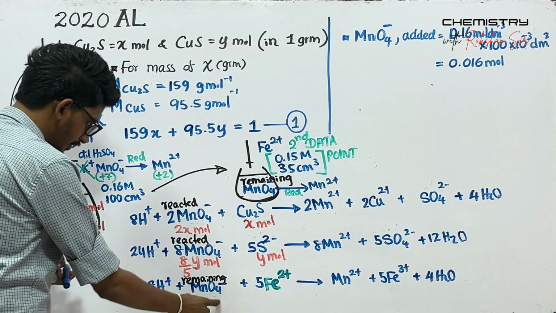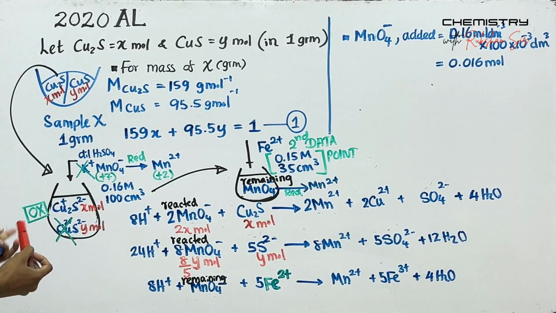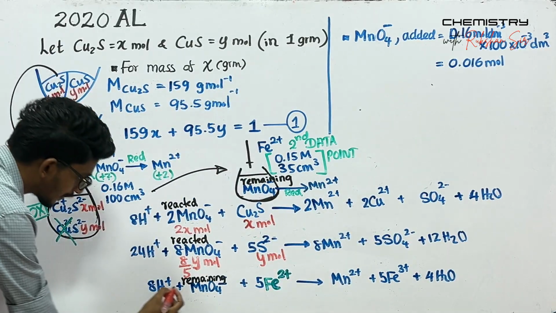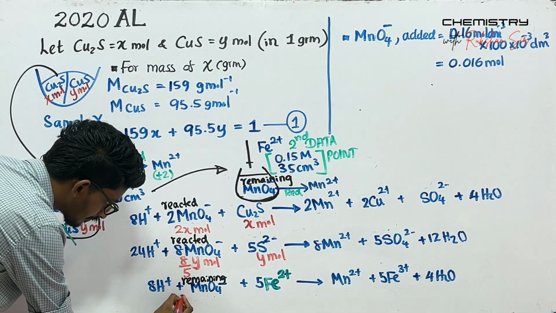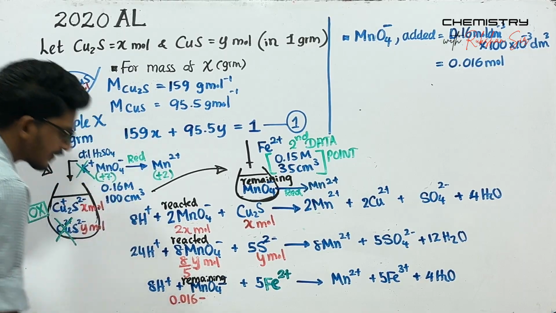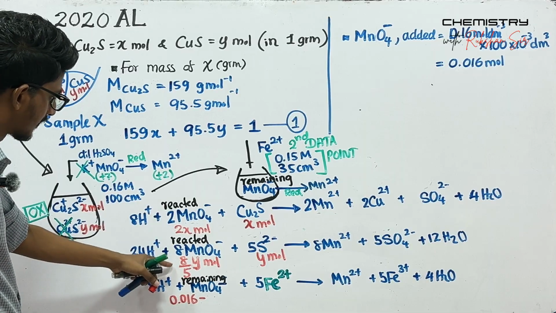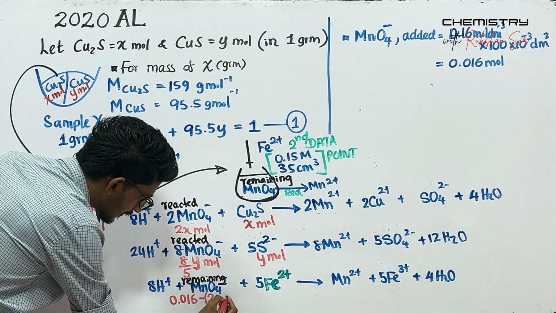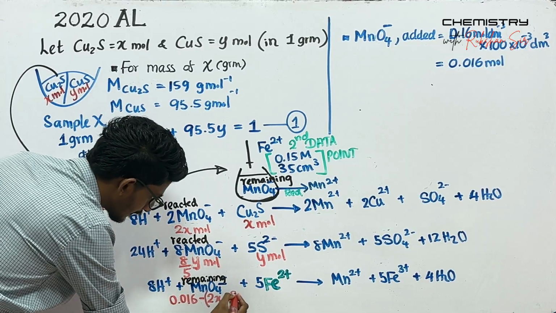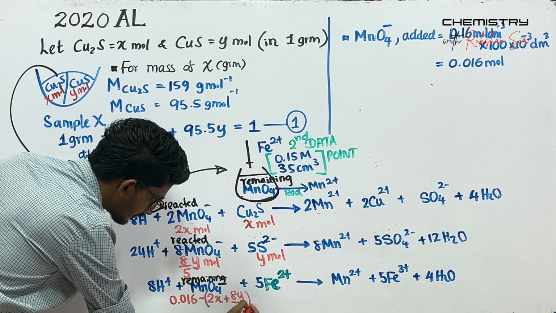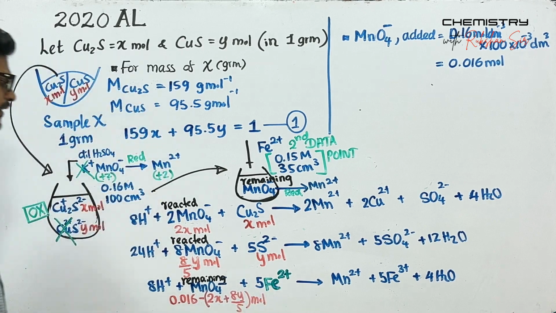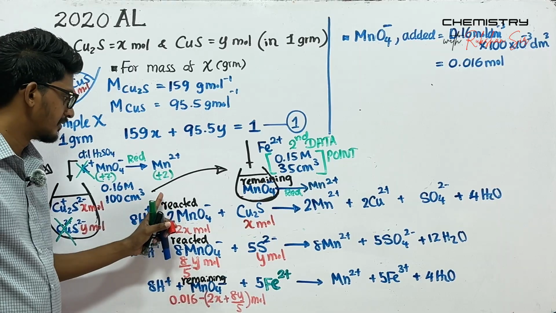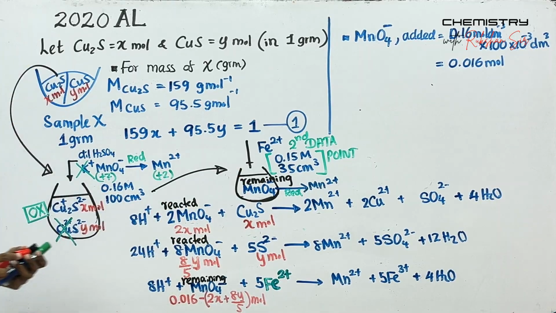So we can write this value as what? 0.16 moles minus this plus this, right? 2x plus 8y by 5, right? That is the remaining amount of MnO4 minus, which is then going to react with the Fe2 plus.